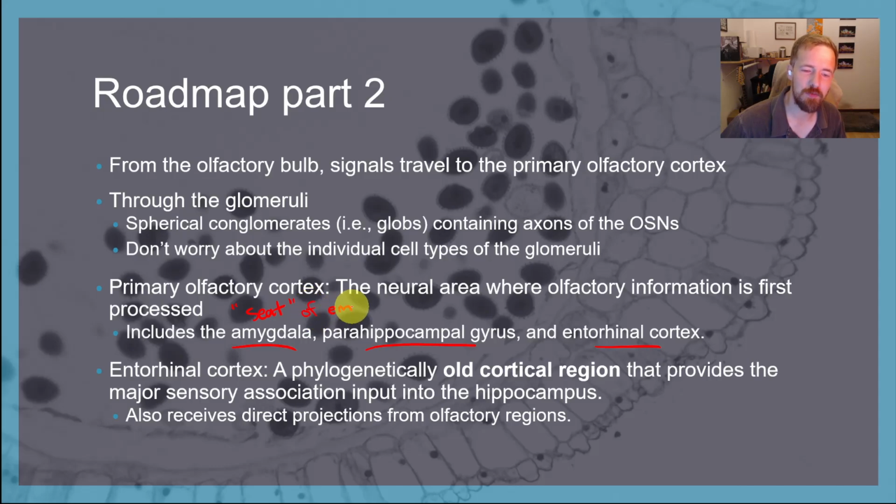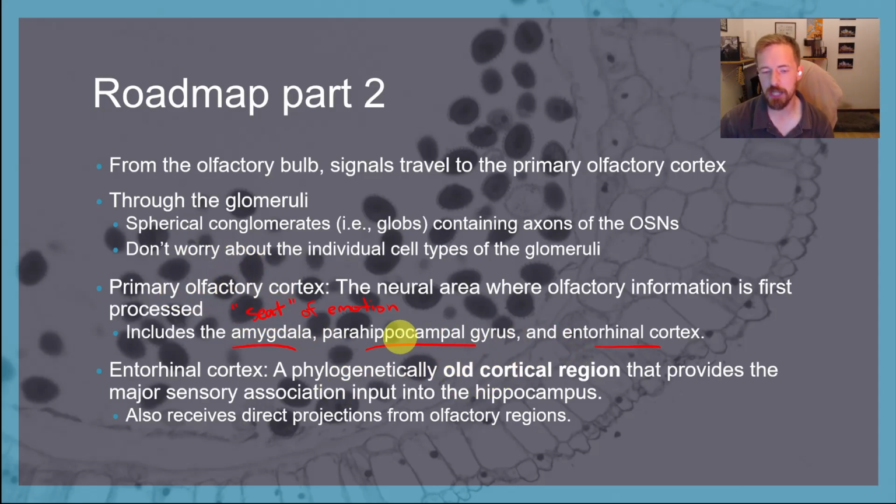It's kind of like when people talk about the mitochondria and they say, oh, that's the powerhouse of the cell. And it makes me think, why does everyone use the word powerhouse? You never hear the word powerhouse unless someone's talking about the mitochondria. But when people talk about the amygdala, they say it's the seat of emotion. So we've got some emotion going on here in our primary olfactory cortex.